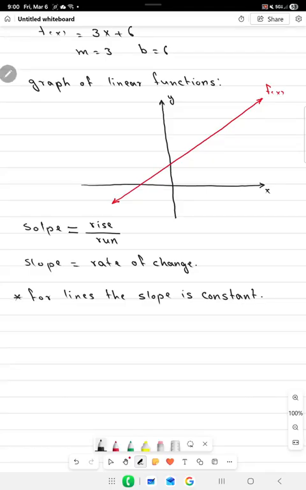I'll put a star here: for linear functions, the slope is always constant. It means the rate of change is constant. Slope constant means rate of change constant.